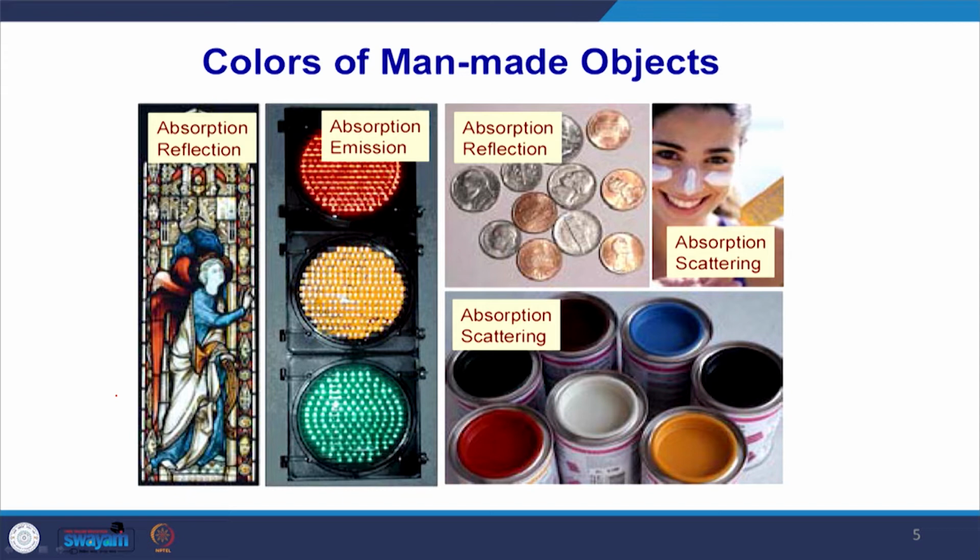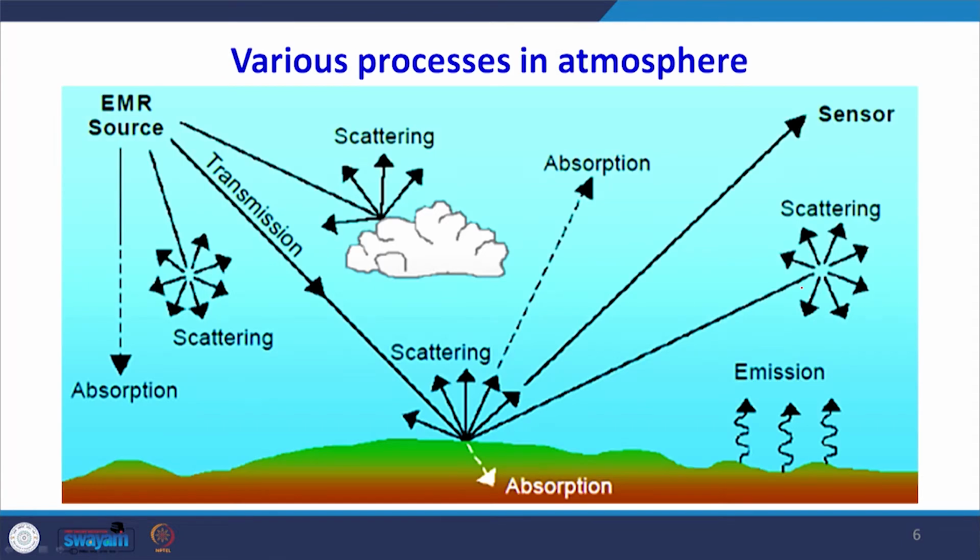You can see absorption and reflection phenomena, or absorption and emission by the traffic light, absorption and reflection by the coin, absorption and scattering by the paint, different kinds of paints, the face mask. So even man-made objects suffer these processes, and because of that we can see the texture and the color of the objects.